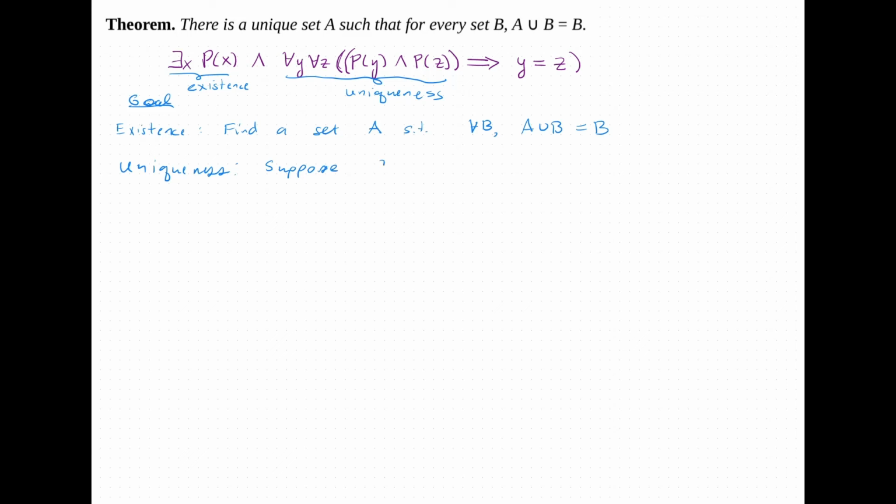Let's go ahead and call it C. So suppose that there exists a C such that C union B is equal to B for every set B. We want to then show that A is equal to C.